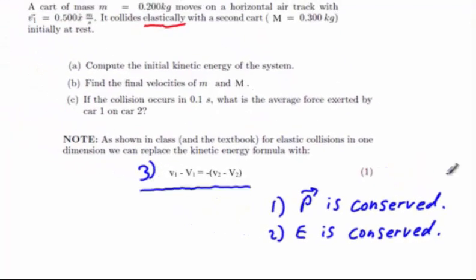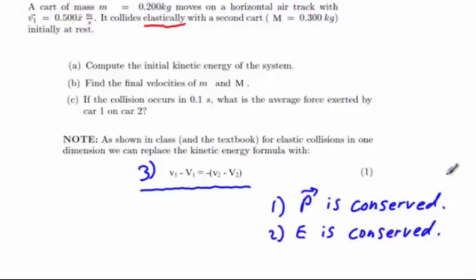This third possibility reflects the principle that we discussed previously about an elastic collision. And that is, for an elastic collision in one dimension, the speed with which the two particles recede from one another after the collision equals the speed with which they approached one another before the collision.